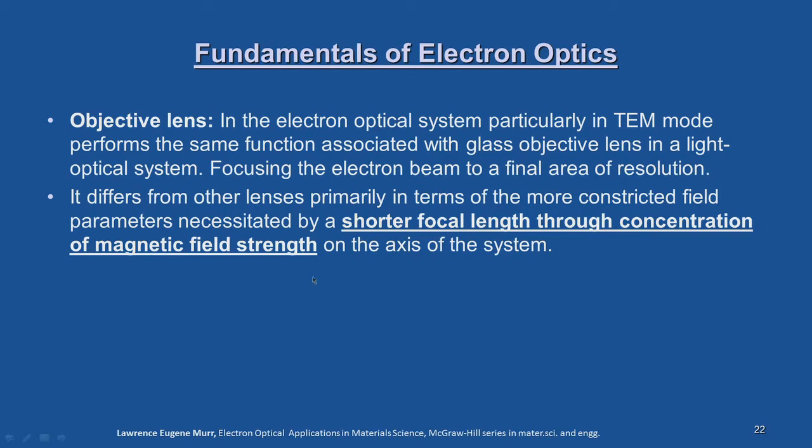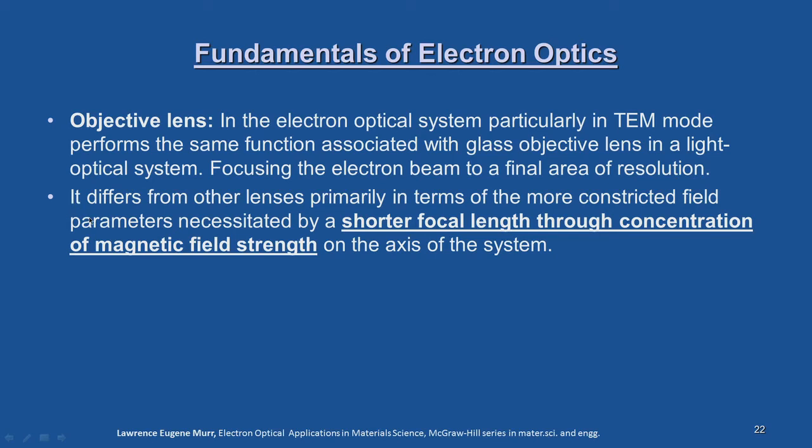And then if you look at the function of the objective lens in an electron optical system, especially in transmission mode, it performs the same function as the glass objective lens in a light optical system, focusing the electron beam to a final area of resolution.